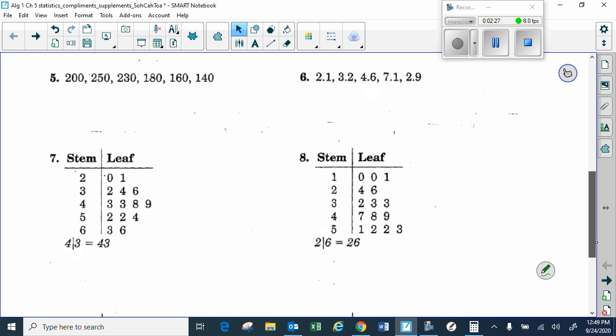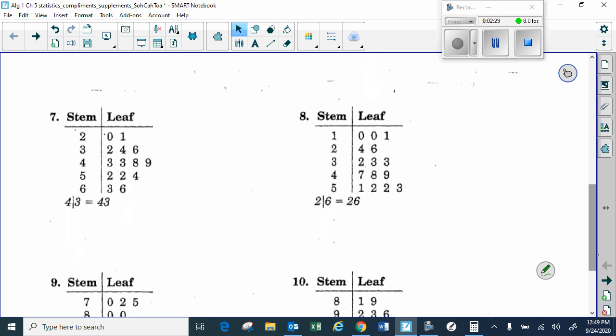Now, the nice thing about the stem and leaf is they do put it in numerical order for you. So notice this 4 slash 3 right here means 43. So that means this is the tens and this is the ones, on the right side of the slash.